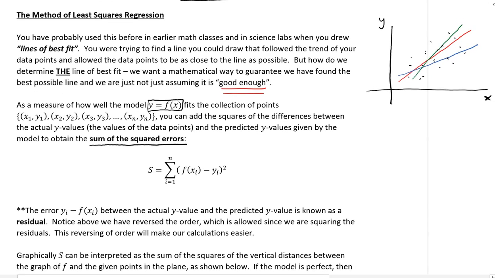Thinking about our prediction model, f of x, and looking at this sum S, we are taking the predicted outcome at some x value, and seeing how it differs, with subtraction, from the actual measured outcome of that data point. And then we square it, which is why it's called the squared errors.